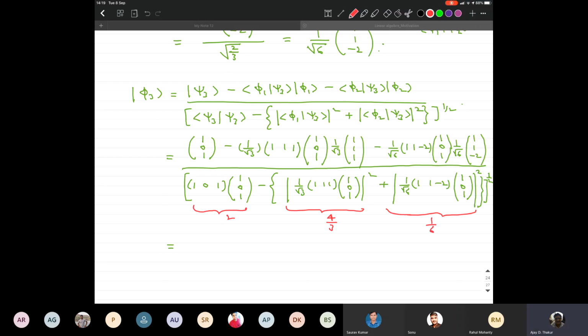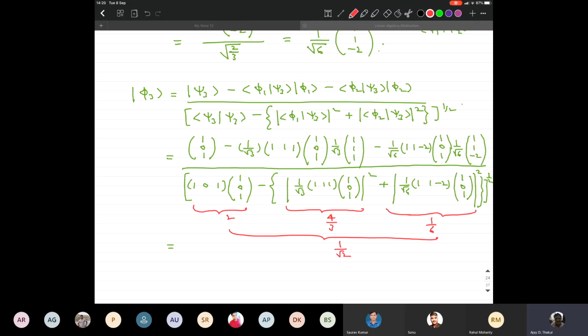So therefore, in the denominator overall, if you consider all these three terms, you come across 4 by 3, so it is 8 by 6 plus 1 by 6, which is 9 by 6, and 2 minus 9 by 6. So this is 12 minus 9, which is 3 by 6, and therefore this is 1 over root 2. Okay, in the denominator, this is going to be 1 over root 2.